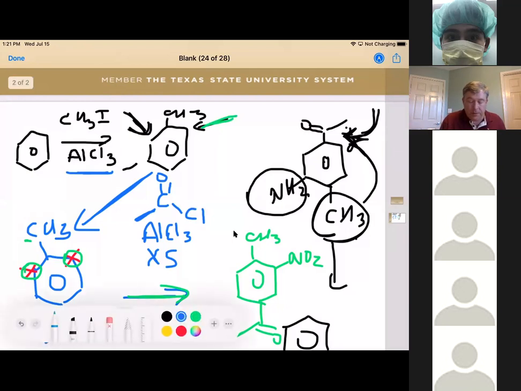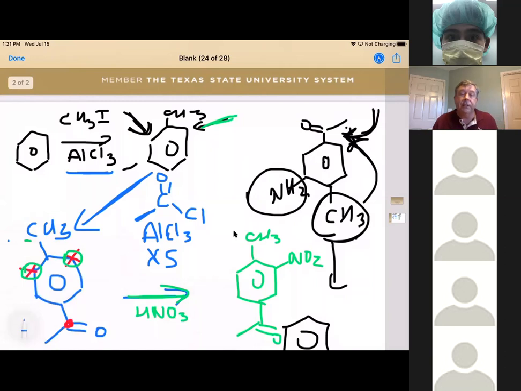Now we had to figure out whether to do our nitration next or our Friedel-Crafts acylation next. Because our acyl group is para to our methyl group, and our methyl group is ortho-para directing, we are going to do that next, okay?